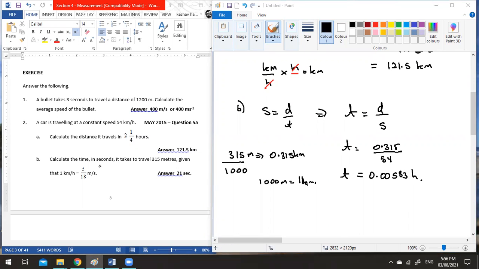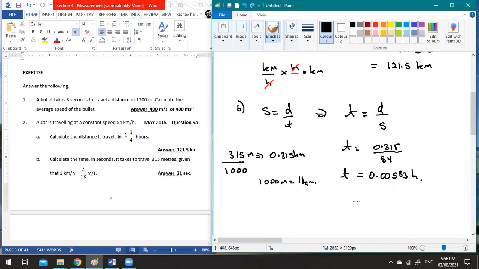We want to work in seconds, but they gave us a ratio, so we take the answer we get and divide it by this amount. When we work it out on the calculator, you get 21 seconds.